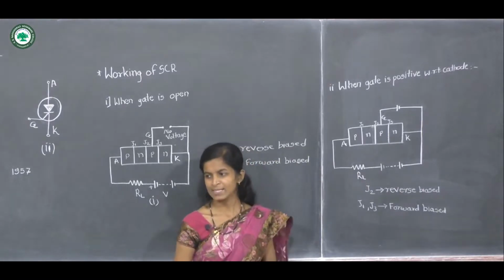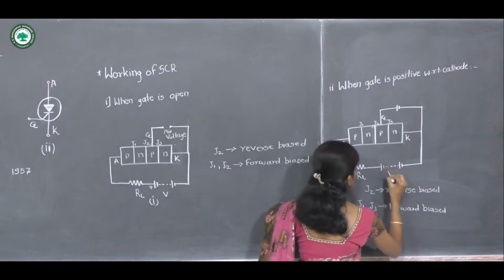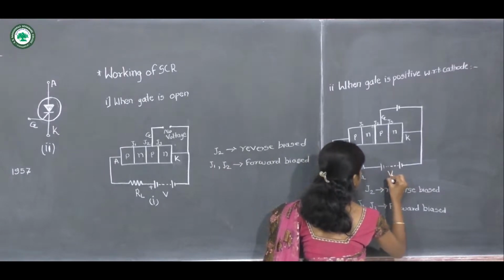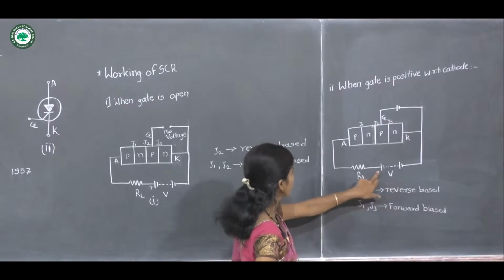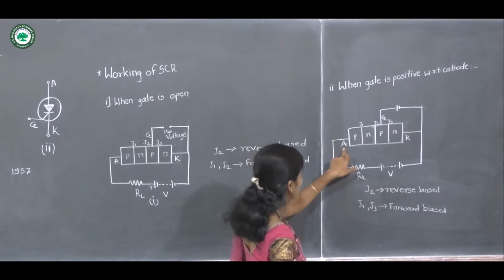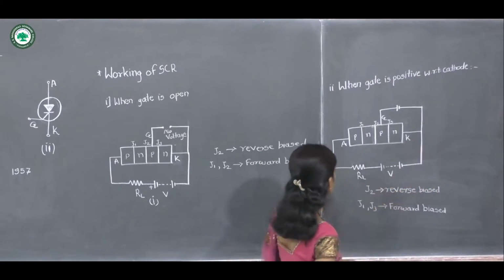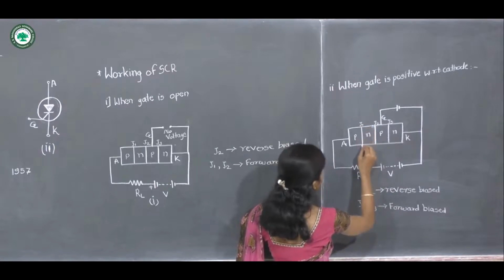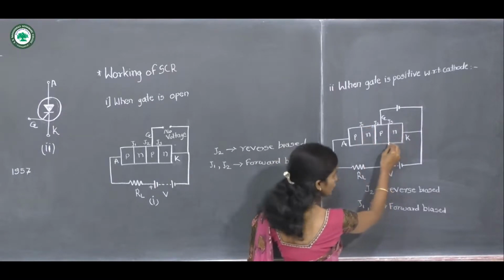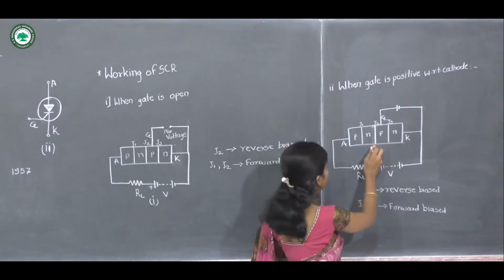So as the potential applied here is large, and the positive terminal of the battery is connected to the anode terminal and the negative terminal to the cathode terminal, junction J1 is in forward bias, junction J3 is in forward bias, while junction J2 is in reverse bias.